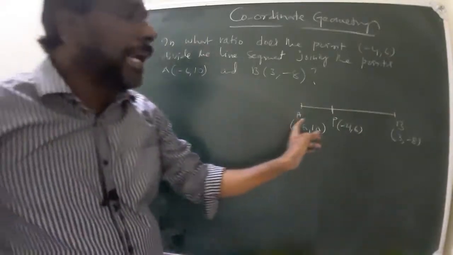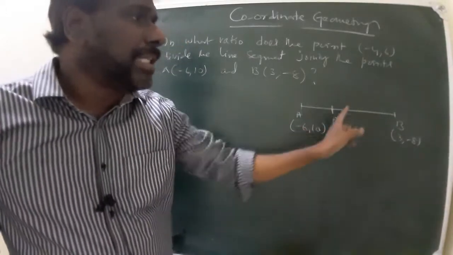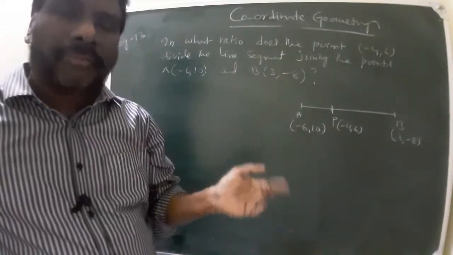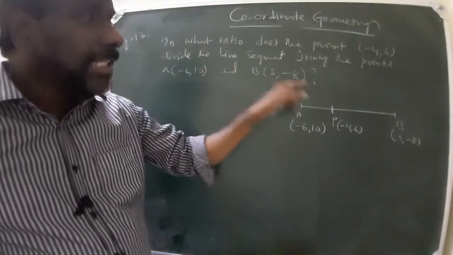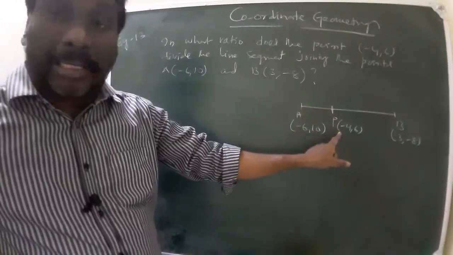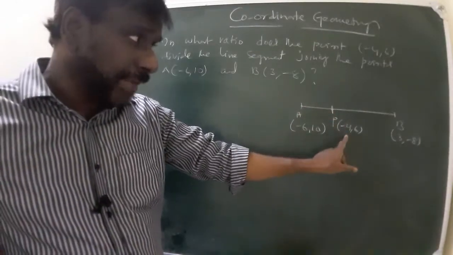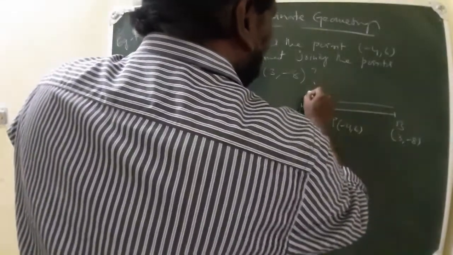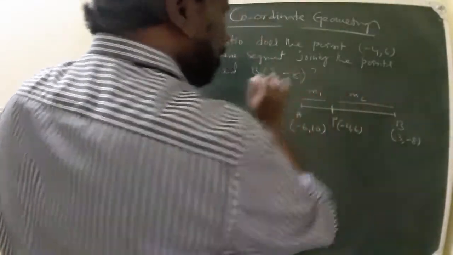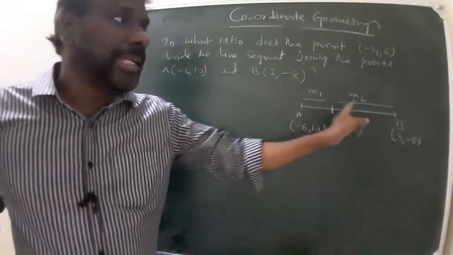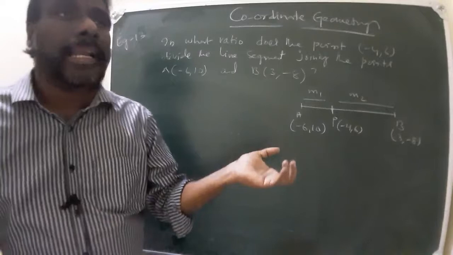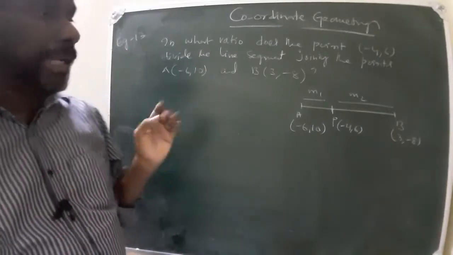Actually, normally the endpoints of the line segment and the ratio are given, and if you want to find the internally dividing point, we use the formula. Same like that, but instead of the ratio, the internally dividing point is given. You have to find the ratio. This ratio we don't know. Let it be taken as m1 : m2. Now you have to find the m1 : m2 ratio. How to do it? The same internally dividing point formula you can apply.